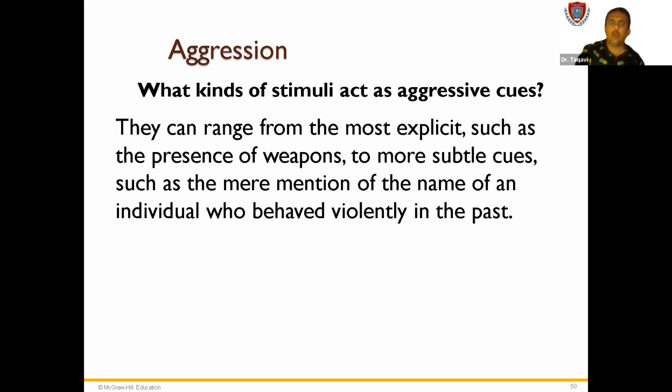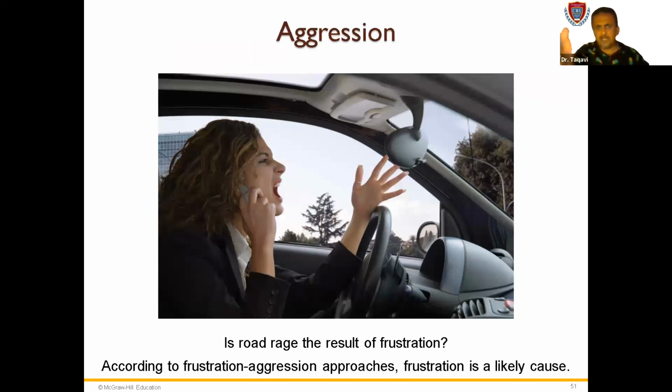Now, what kinds of stimuli act as aggressive cues? They can range from the most explicit, such as the presence of weapons, to more subtle cues, such as the mere mention of the name of an individual who behaved violently in the past. You see here, road rage, a result of frustration.